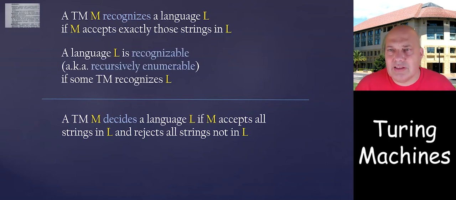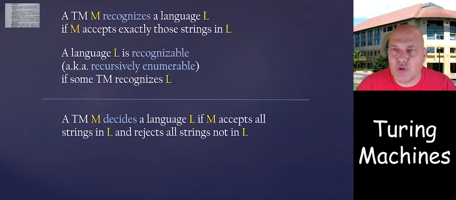And again, this means that we can define languages to be recognizable if some Turing machine recognizes it. And I want to add this other notation that replaces recognizability. Instead of saying that L is recognizable, we can say that L is recursively enumerable.